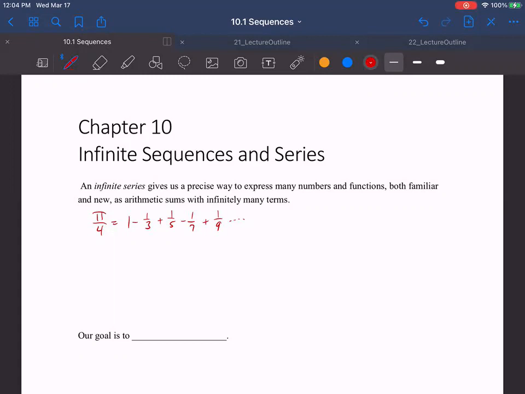If you just do the first 2 or 3, you'll get kind of close. If you do all 5 of those, you get closer. If you keep adding more and more of them on, you'll get closer and closer.